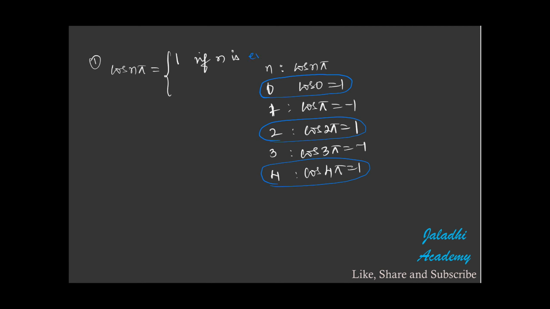If you observe, for odd numbers cos pi is equal to minus 1 and cos 3 pi is equal to minus 1.